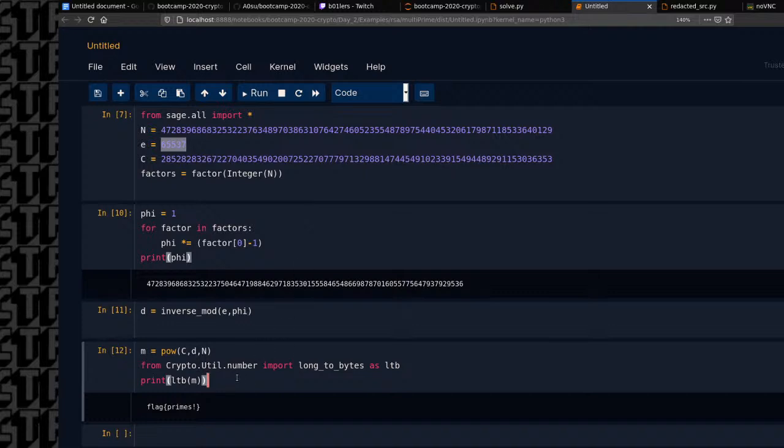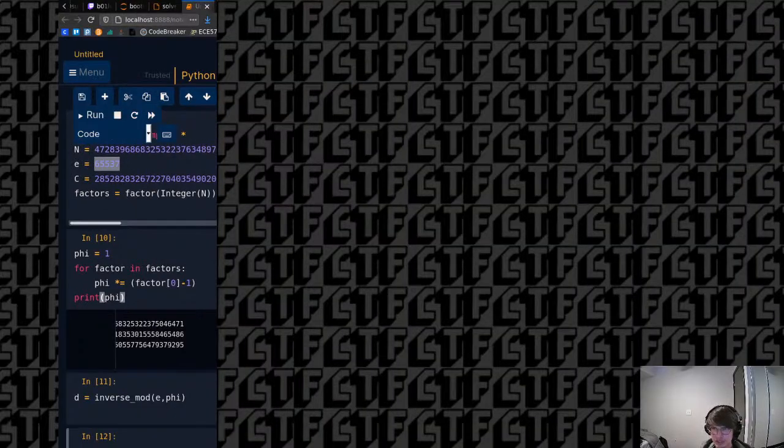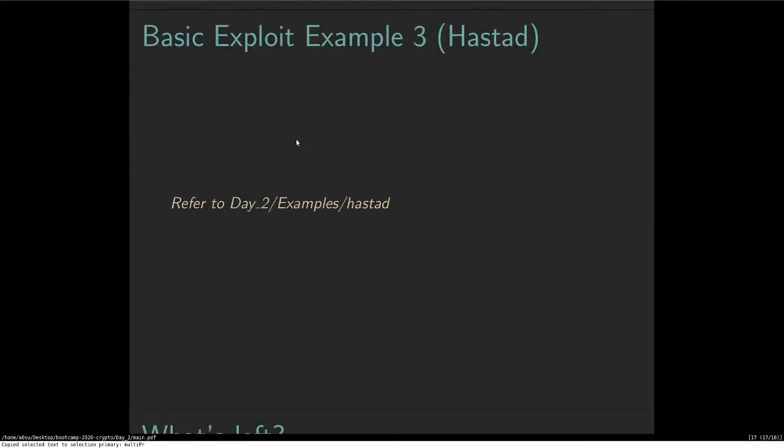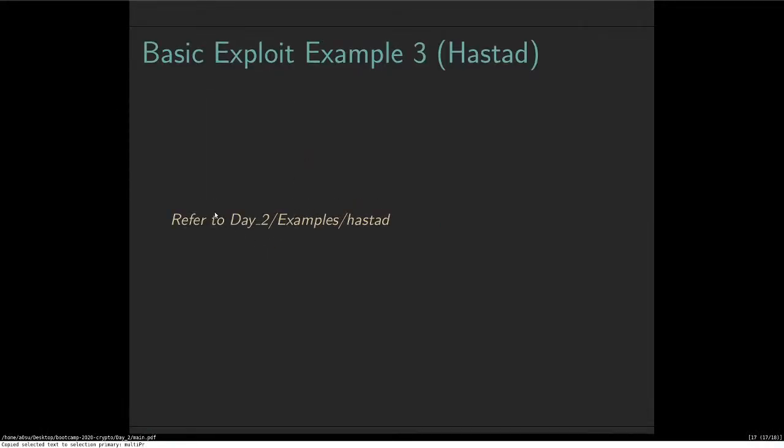You might catch a break if it's on FactorDB, but in general you should approach it as something you can try, but not the end-all method for breaking RSA. So then for our next example, it'll be in day 2 examples, Hastad.